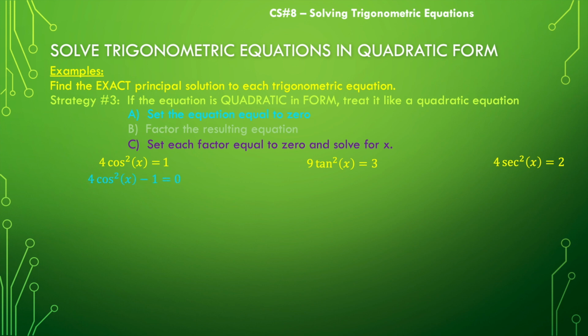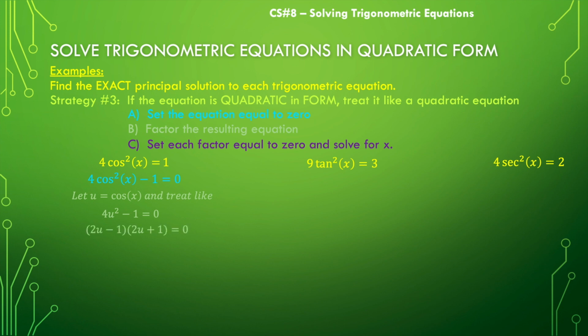We'll say that that is 4 cosine squared of x minus 1 is equal to 0. And we will sub out the trig function, and we'll say that u is equal to cosine of x, and we would have 4u squared minus 1 is equal to 0. We know that this factors by 2u plus 1 and 2u minus 1 is equal to 0.